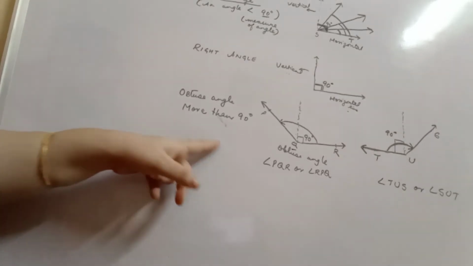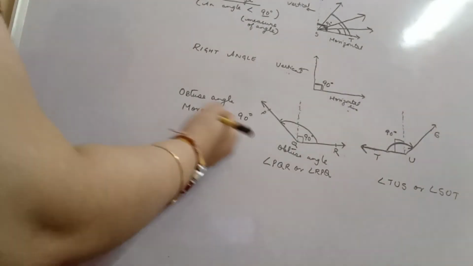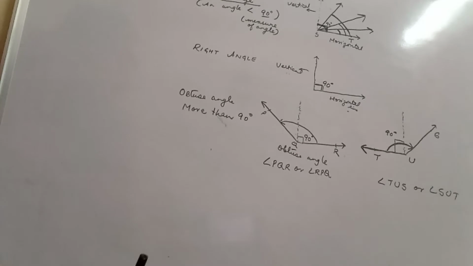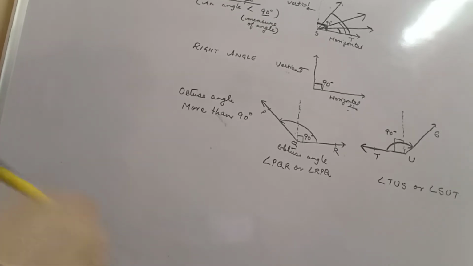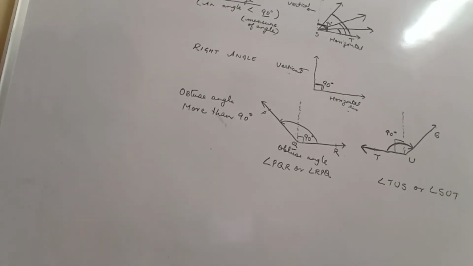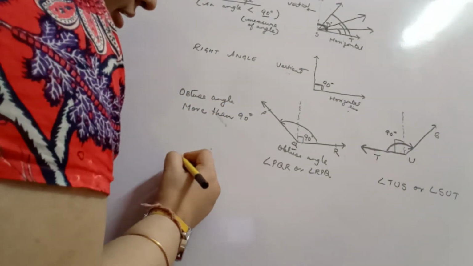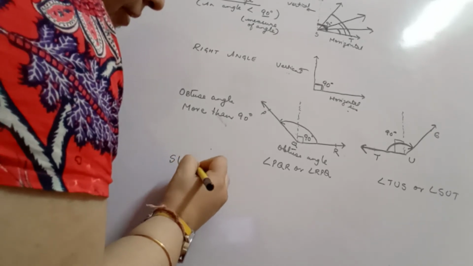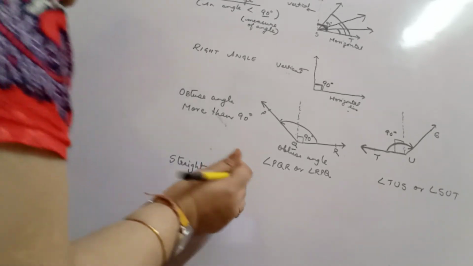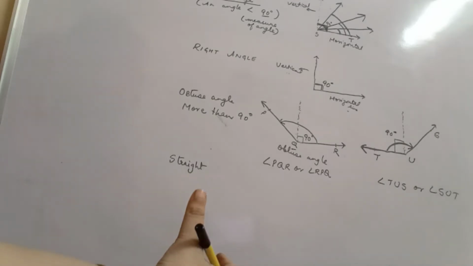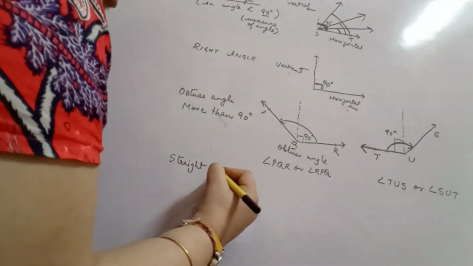So this angle's measure is more than 90 degrees. Now, up till this point you have studied these. One more angle you must know, but still you don't remember it. It would be of very large use in both 9th and 10th. So what is that angle?